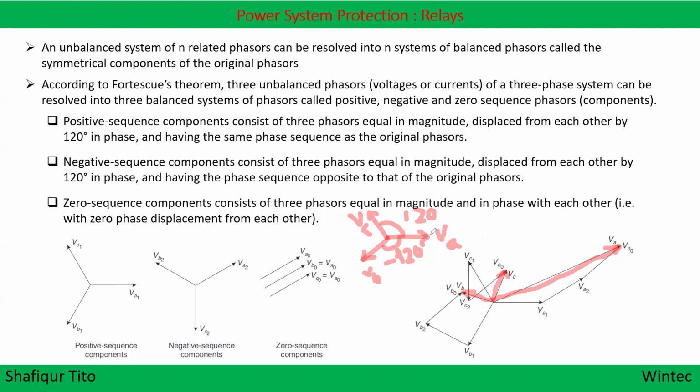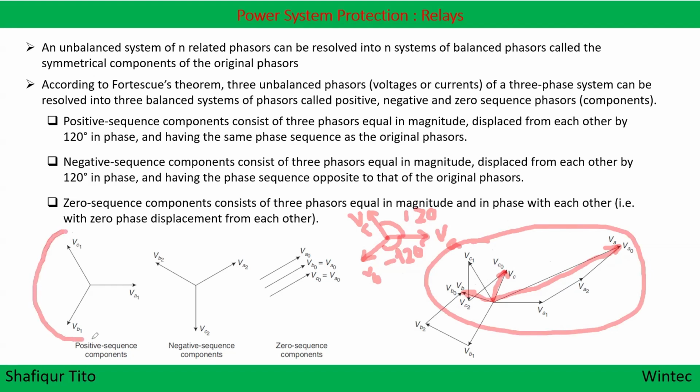So in order to simplify this, the three phase system that we have discussed can be represented with three balanced systems. This particular faulty system can be represented with three balanced systems.